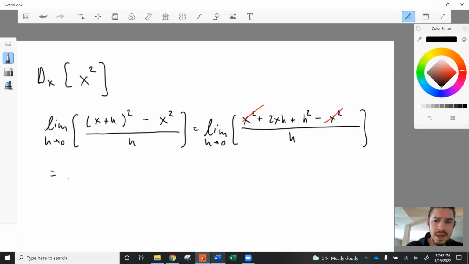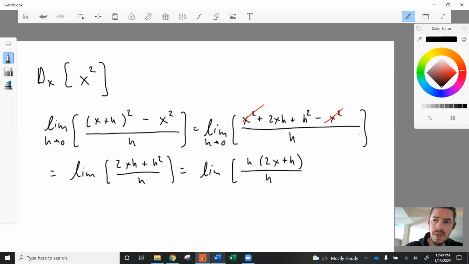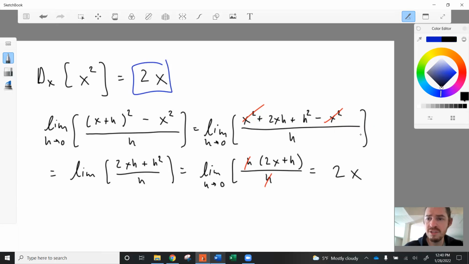This ends up being the limit of 2xh plus h squared over h, but we can factor an h out: h times 2x plus h. Then after canceling h's, we just have 2x plus h. And remember, h is approaching 0. So this is just going to be 2x.